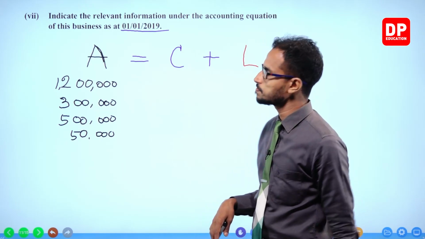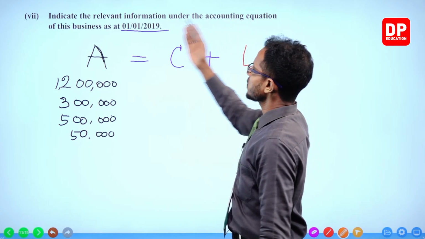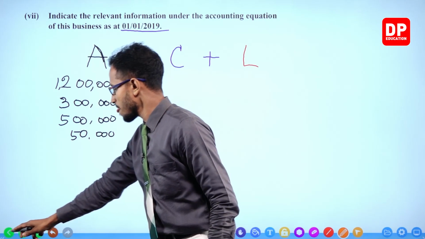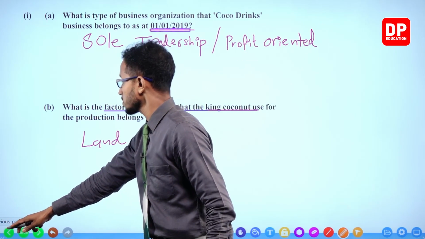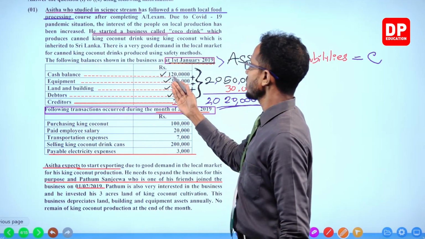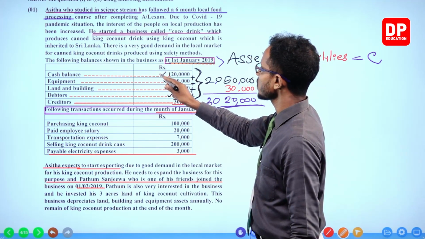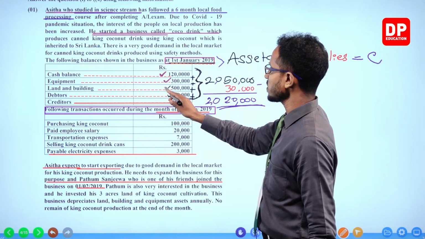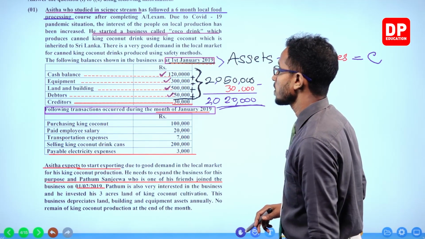Those are the assets under the accounting equation as at 1st January. Got all the information? Yeah, got it. 12 lakhs, 3 lakhs, 5 lakhs, and 50,000. Yeah, all the assets.